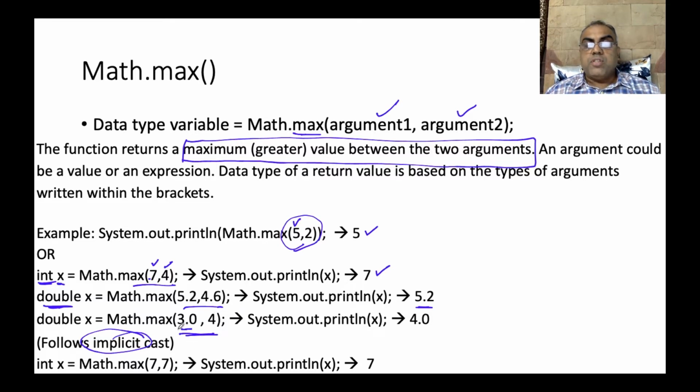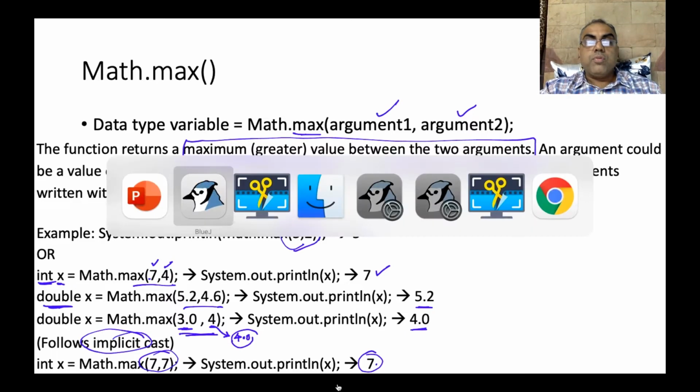So 3.0 is a decimal, 4 is an integer. First the computer will convert this into 4.0 as a decimal, and then between them the checking will be done by the function. So the return value will be 4.0. And of course, when both the values are the same, your answer will remain the same. So in this case, suppose I take you to the programming side.